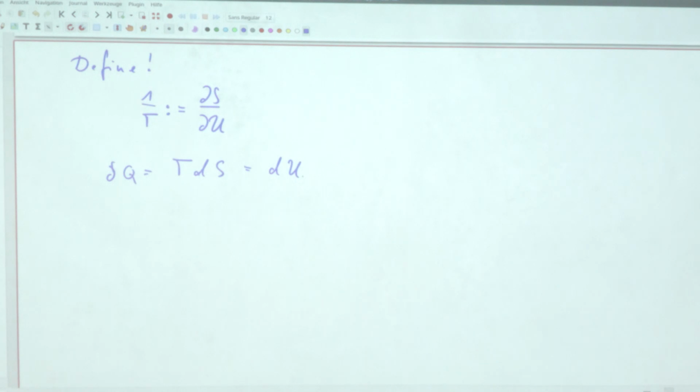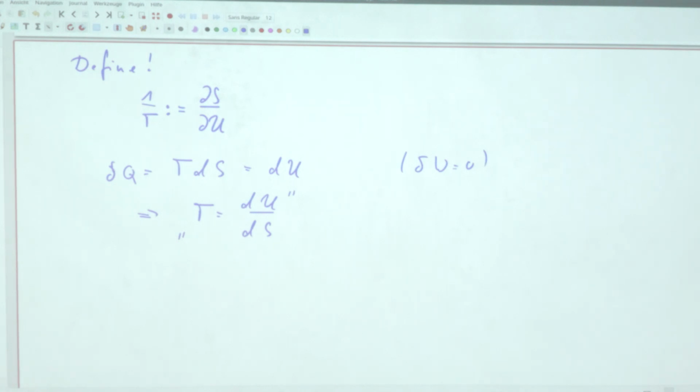What physicists like to do, but mathematicians, I think they get crazy, is you can just divide, T equals du ds. Well, I put it in quotation marks. That's a simple derivation of this long chain of thoughts I brought before.